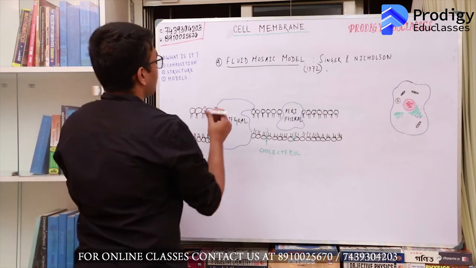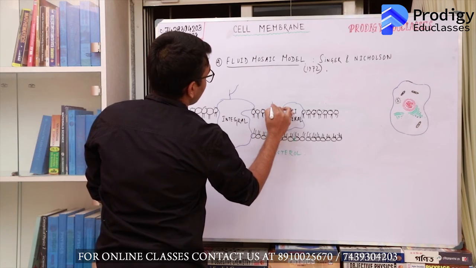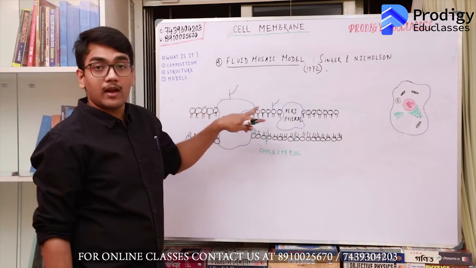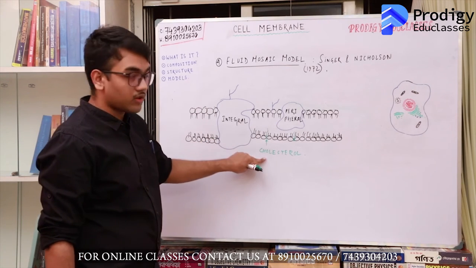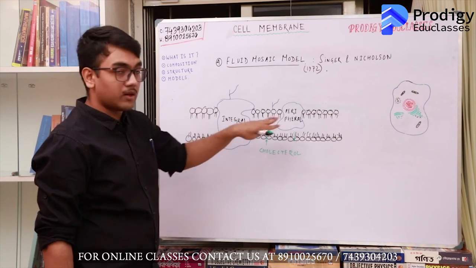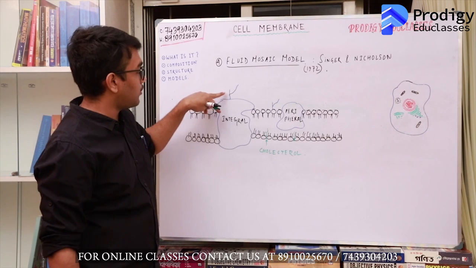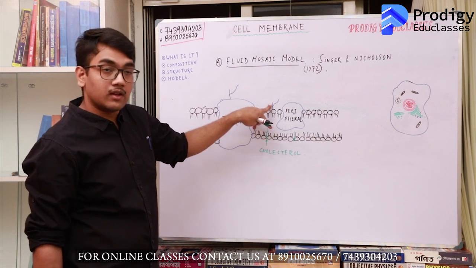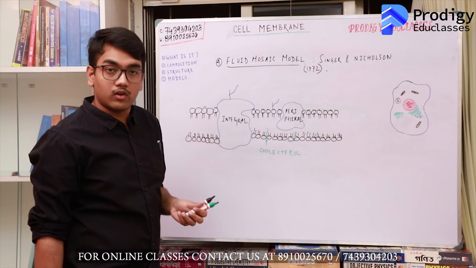Carbohydrates are also present, in the form of branched chain oligosaccharides added to the proteins and lipids. So you'll find lipids in the form of phospholipids and cholesterol, proteins as integral and peripheral proteins, and oligosaccharides, carbohydrates, in the form of glycoproteins and glycolipids. This completes the fluid mosaic model of Singer and Nicolson.